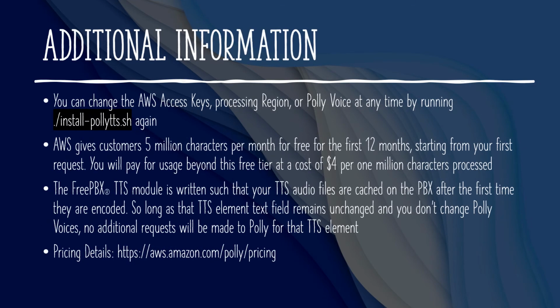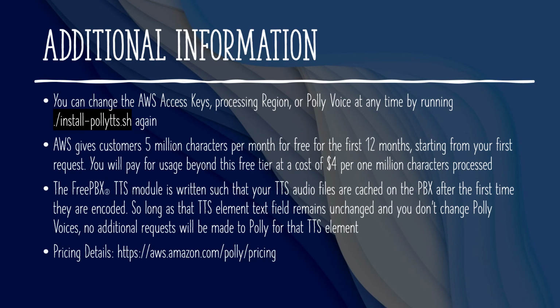Here are a few additional considerations when using AWS Polly. You can change the AWS access keys, processing region, or Polly voice at any time by running the install-Polly TTS shell script again. AWS gives customers 5 million characters per month for free for the first 12 months, starting from your first request.